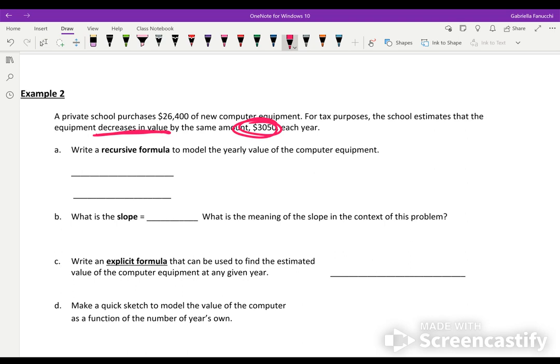So write the recursive formula to model the yearly value of the computer equipment. So our zero term is going to be 26,400. That's our zero term. This is our slope or common difference.